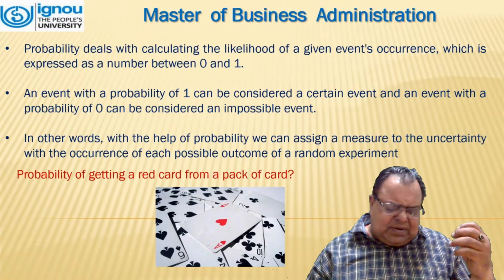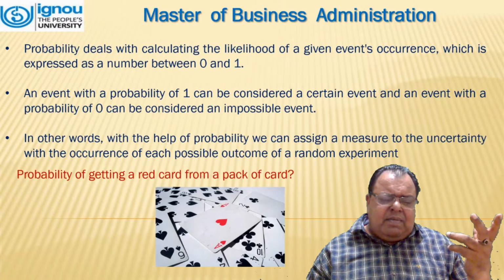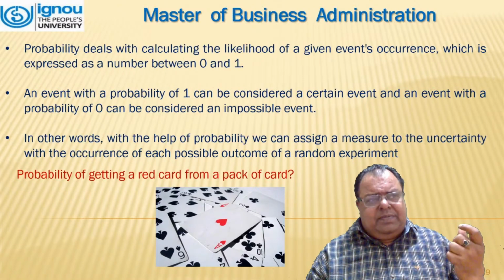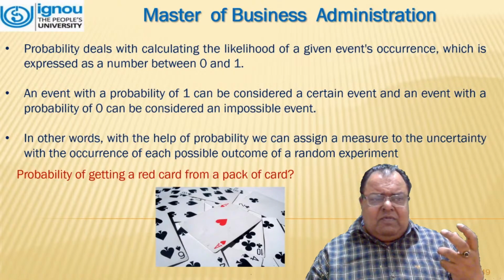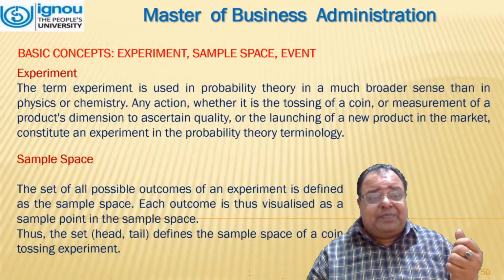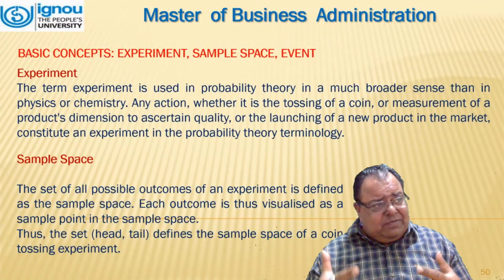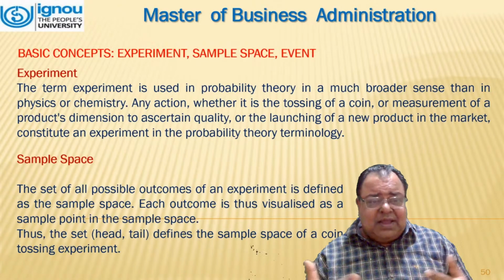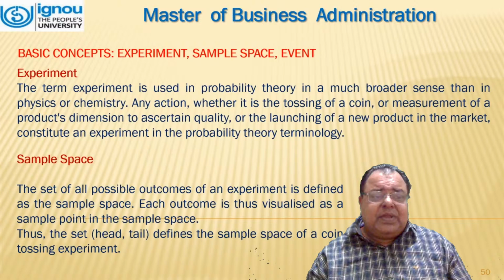Now the question arises, what is the probability of getting a red card from a pack of cards? Now we'll try to understand how this is evaluated. For that, we have to know some basic definitions, the concept. We'll start with experiment.